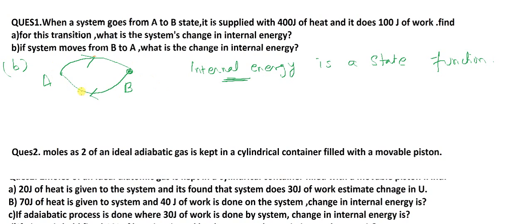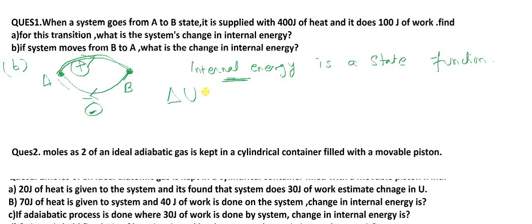But one more thing is clear from here, that moving from this side will be positive and coming from this side to this side will be negative, so that when both of them are added it gives sum as 0. That is, change in internal energy will be 0. Let's understand.